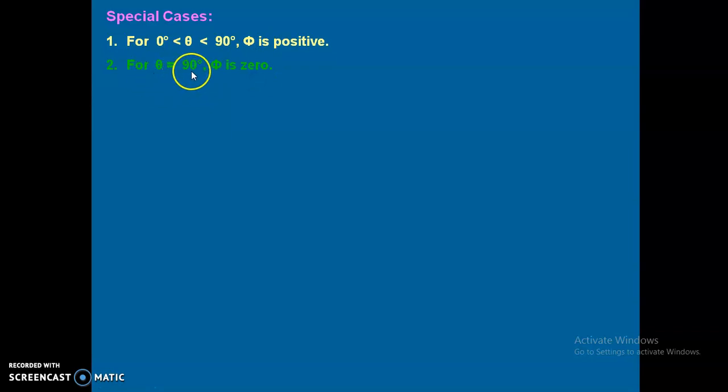Second case, for theta equal to 90 degree, cos 90 will be 0, so phi will be 0, right? Third, for theta greater than 90 degree and less than 180 degree, cos theta will be negative, so therefore phi is also negative, right?